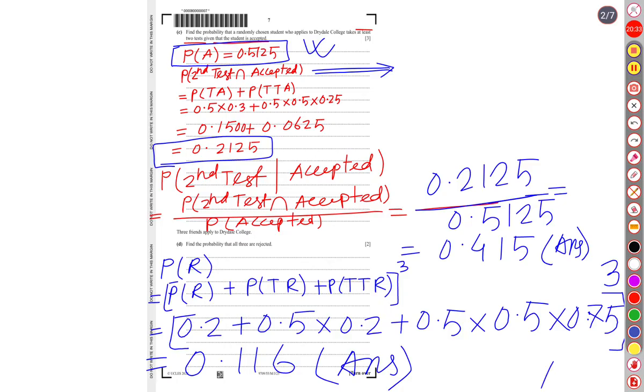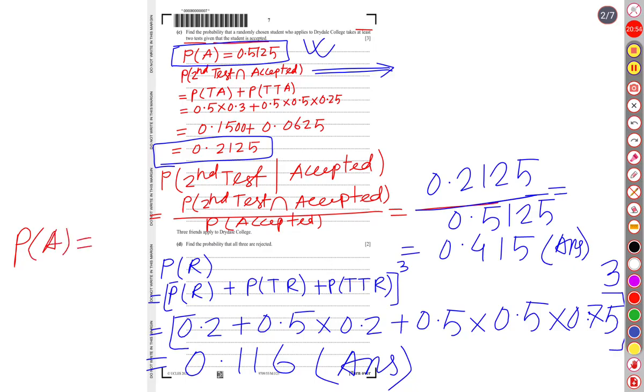There is another simple way to solve this. Look at this: the probability of acceptability we have already written here.